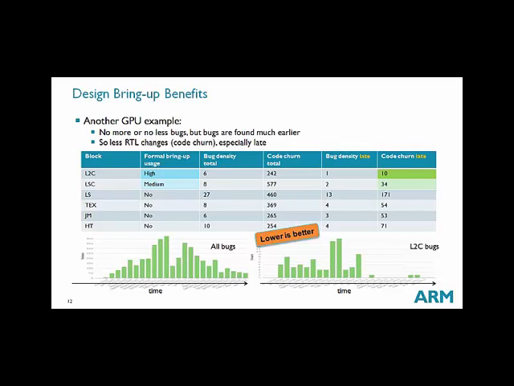So most of the bugs here are found in the first part of the project. I'm not saying that there were fewer bugs, but almost the same number of bugs, but they were found much earlier. And that means that the amount of code churn, that means rewriting of the code, was very reduced for that module.